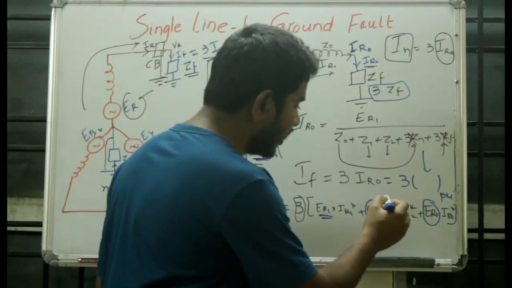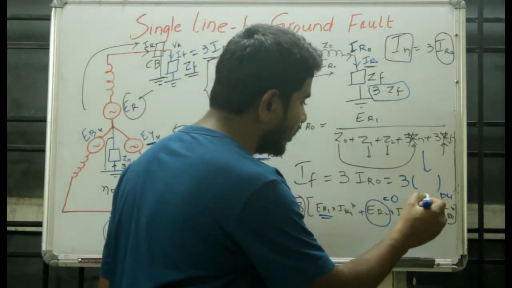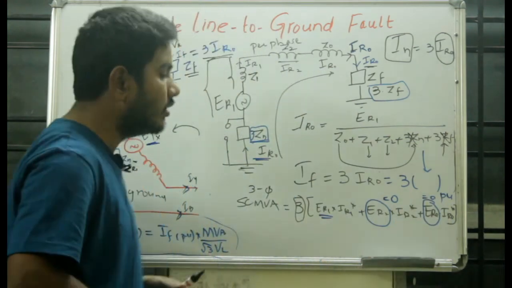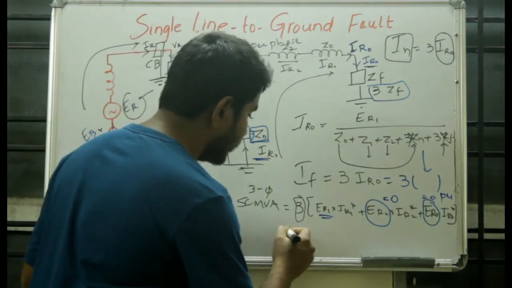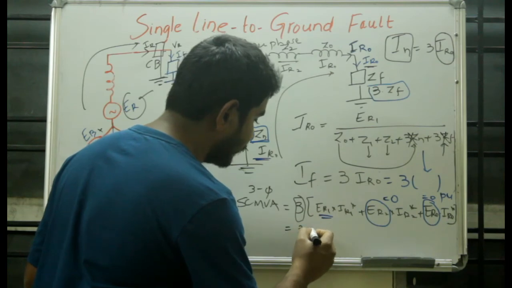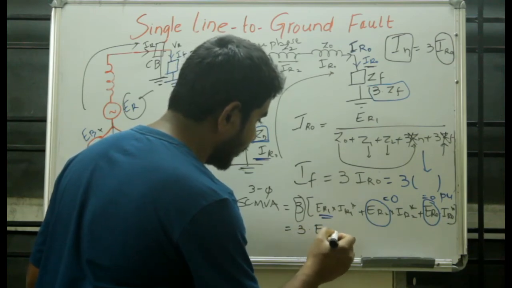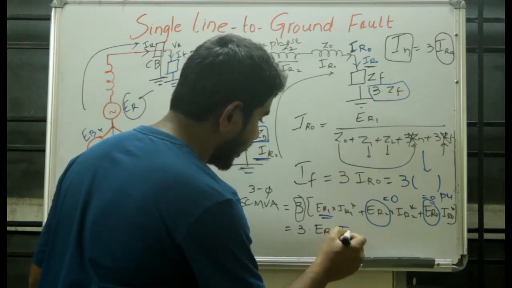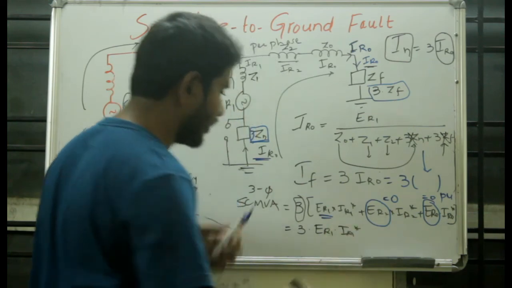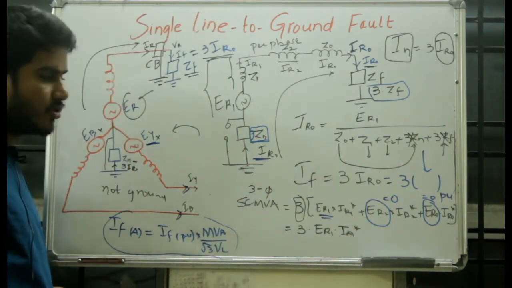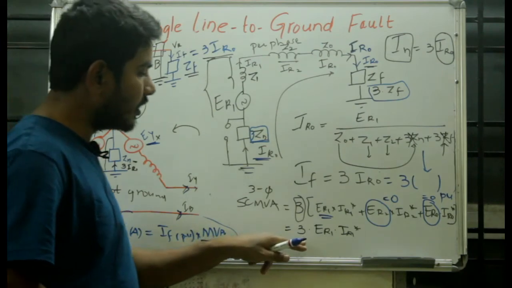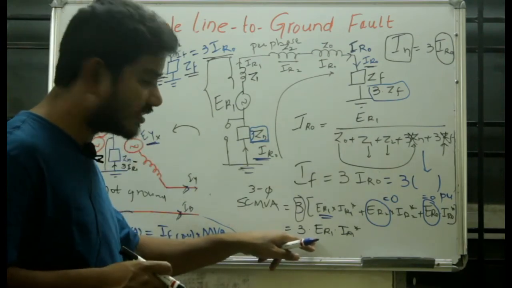So ER2 will be equal to 0 and ER0 also will be equal to 0. You are left with 3 times ER1 into IR1 conjugate, again for the 3-phase circuit.